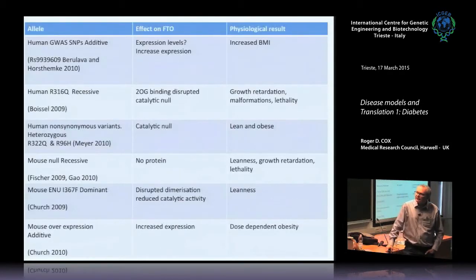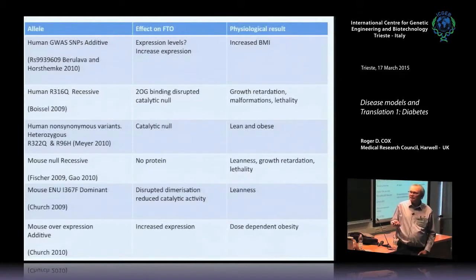So there are a number of alleles. There's the human GWAS, obviously. There is some evidence for increased expression with genotype, with the risk allele, and obviously this is associated with increased BMI, fat mass.